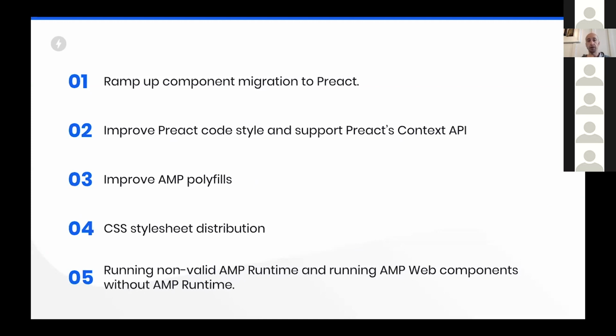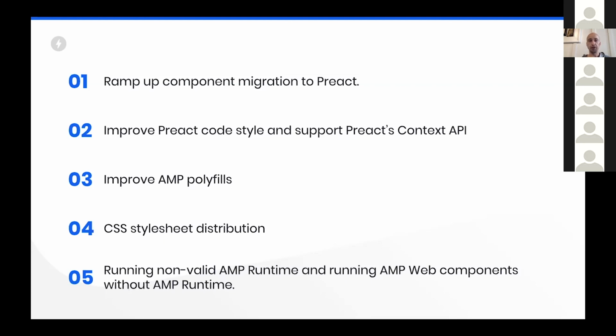Also, we want to support some of the important React APIs. As an example, the context API is only partially supported right now, and we want to have full support available. Third, we are improving and will be improving many of the AMP polyfills because we want Preact components to not depend on internal AMP APIs.